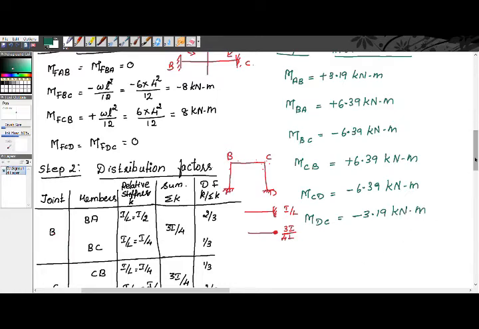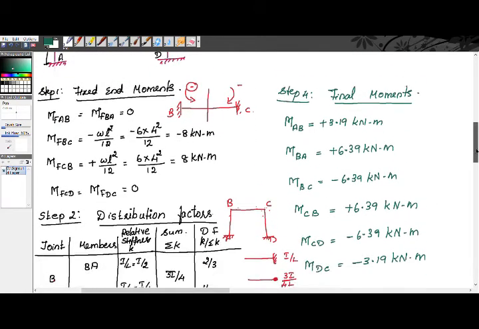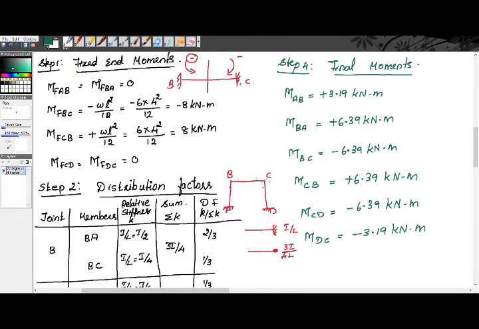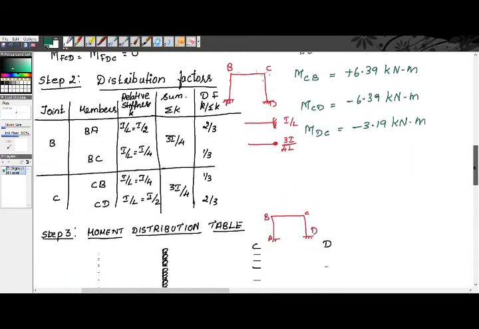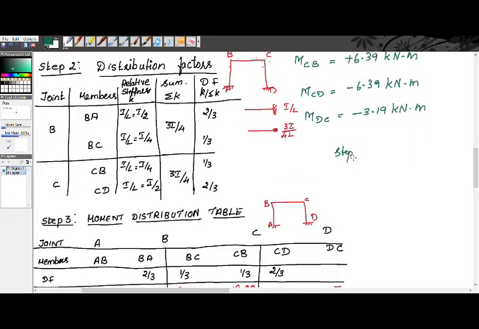Now, in order to draw the bending moment diagram, we need the value of simple beam moments. So step 5 is simple beam moments. For the span AB and CD, we don't have any external loadings. So we will have simple beam moments only for the span BC.